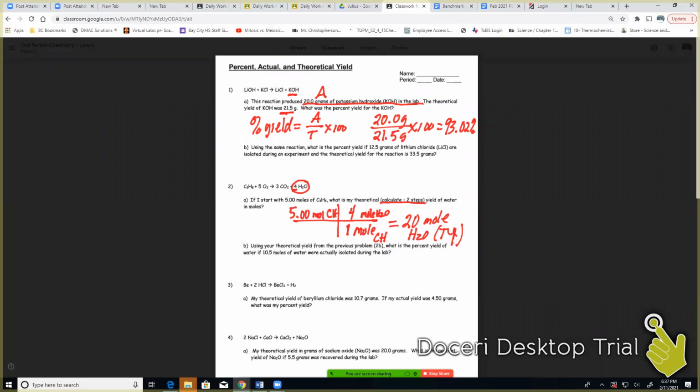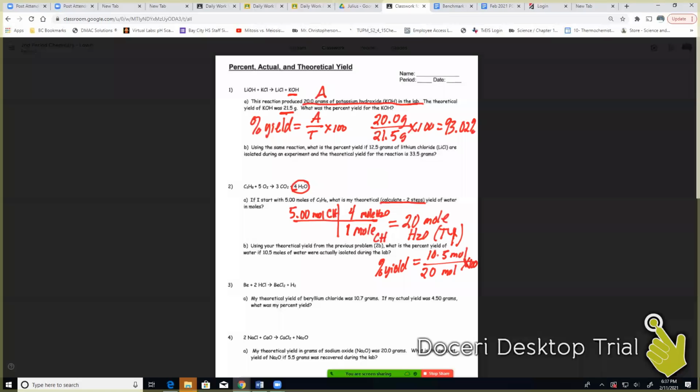If you go to 2B, it says, using your theoretical yield from the previous problem, what is the percent yield if 10.5 moles of water was actually made? So that's my actual amount. So my percent yield is going to be equal to my actual divided by my theoretical that I had to calculate and multiply by 100.